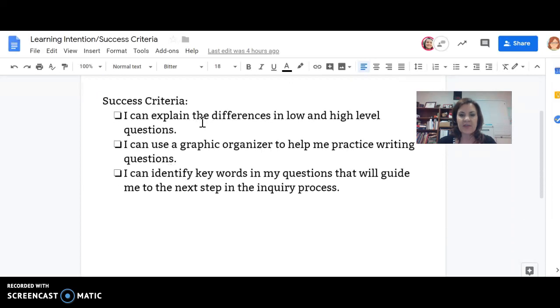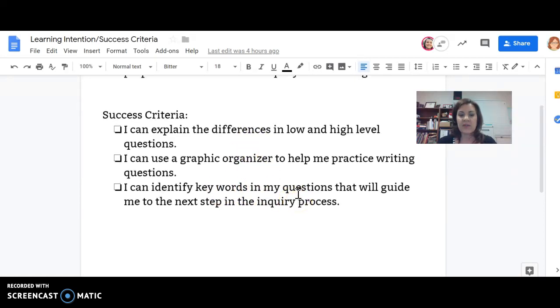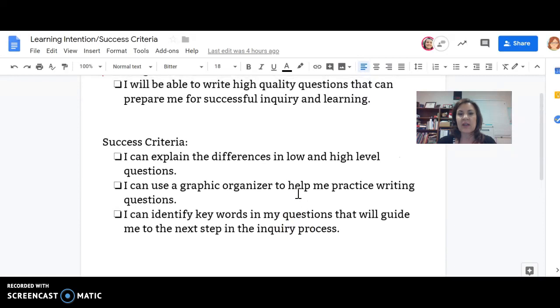And to gauge if you're successful, we'll be able to explain the difference between a high-level and a low-level question. You'll be able to use a graphic organizer to help you practice writing questions. And you can identify keywords in your questions that will guide you to the next step of the inquiry process.